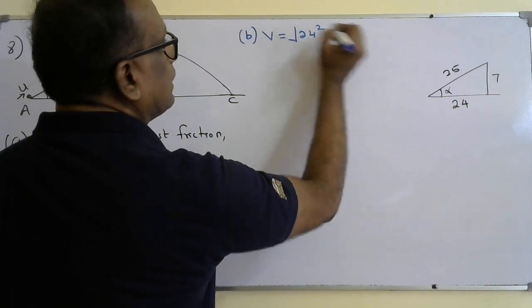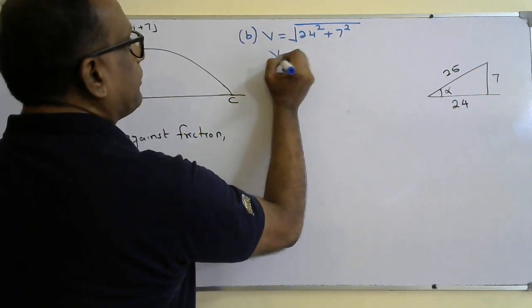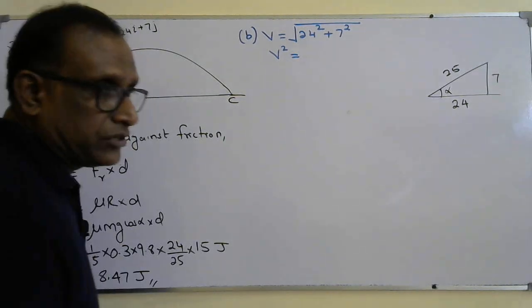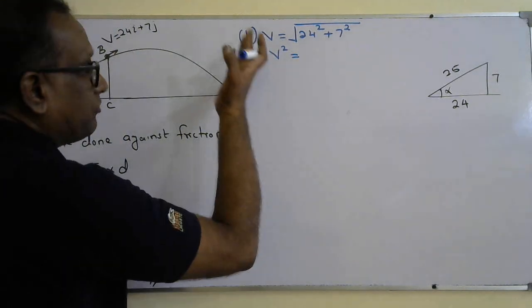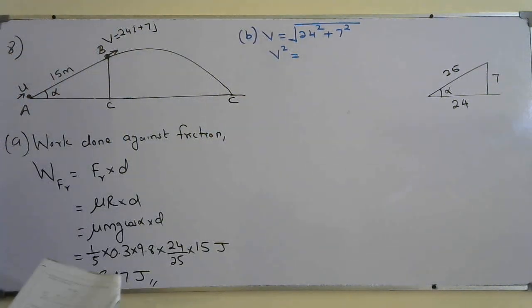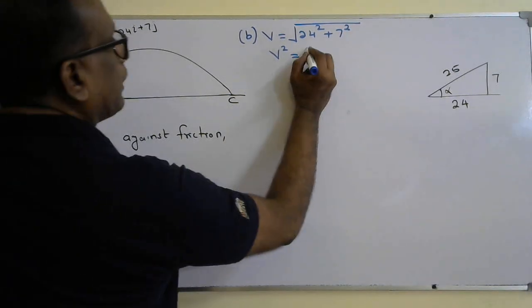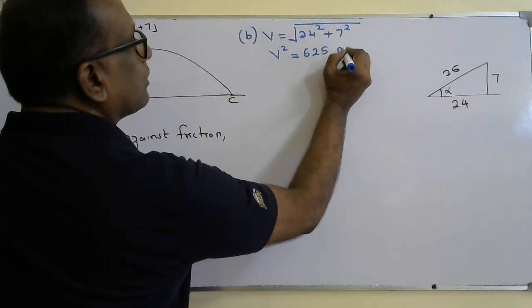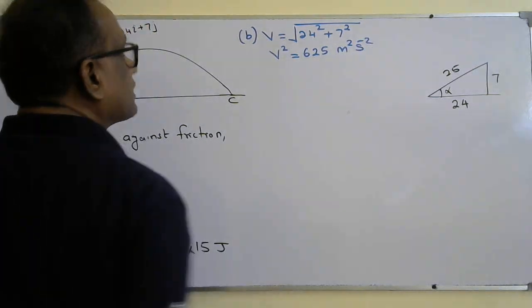We need V squared because when we use the energy equation there will be kinetic energy. So V squared, if you solve, will be equal to 625 meters squared per second squared.